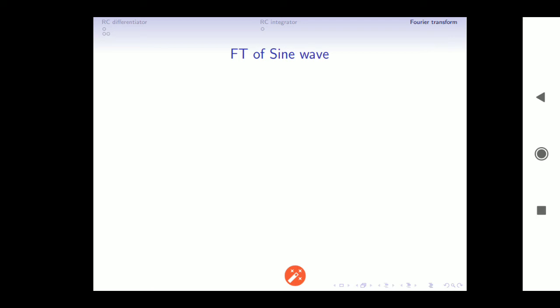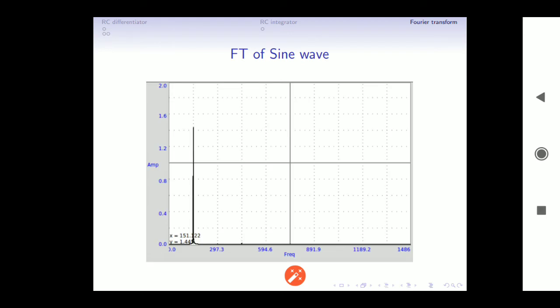The negative side usually refers to the phase of the signal and the positive side refers to the actual frequency of the input. So if sine wave is pure monochromatic, then it should give only one output, a delta signal like this. So the Fourier transform of a sine wave gives a delta signal exactly like this.